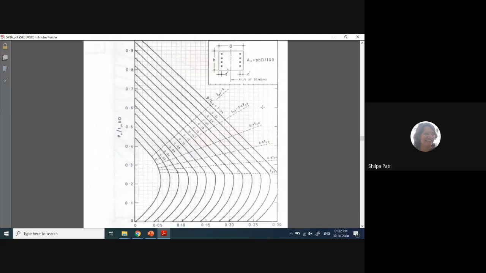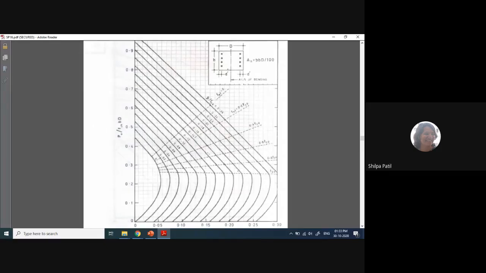So the percentage steel factor also has an impact on these curves, and all these values which you are finding here represent the ratio p by fck. This small p represents percentage steel. How do we calculate percentage steel? 100 into Asc divided by b into D. That gives me the percentage steel. That percentage steel divided by fck ratios are given here, and for different values of that ratio, different curves are there.